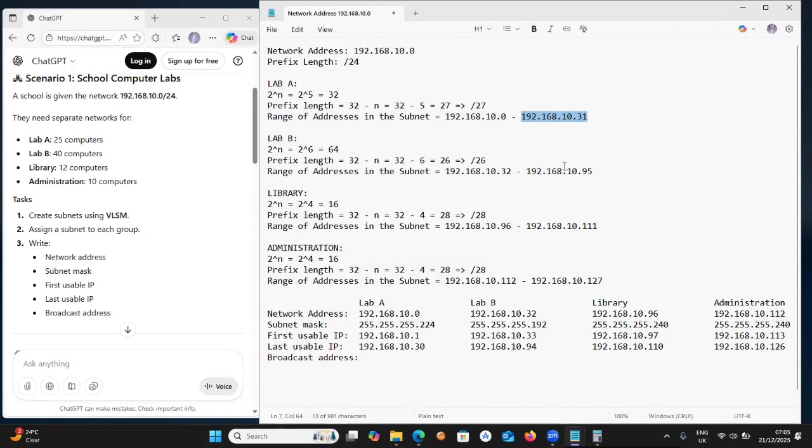So it's going to be 31 for this. It's going to be 95 for this. It's going to be 111 for this. And it's going to be 127 for this.